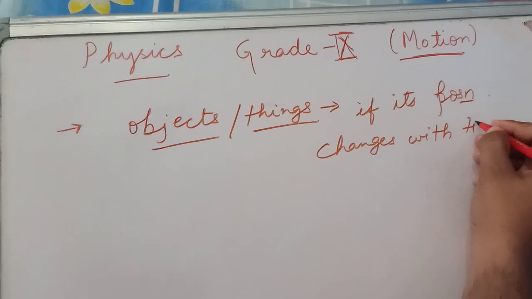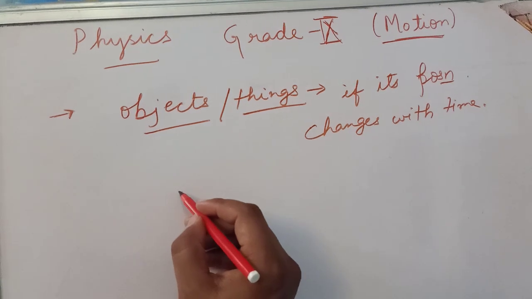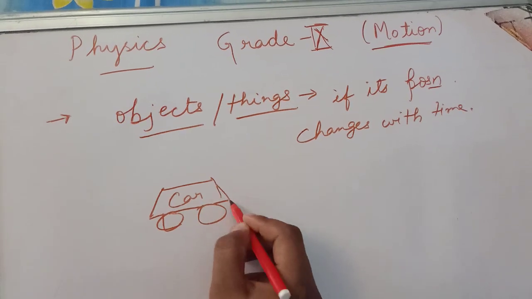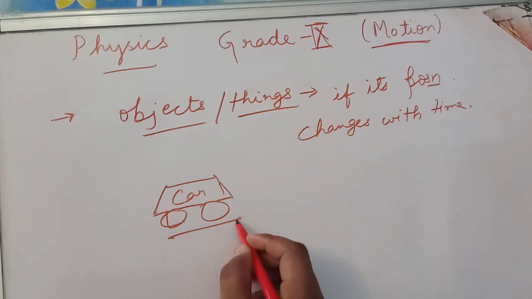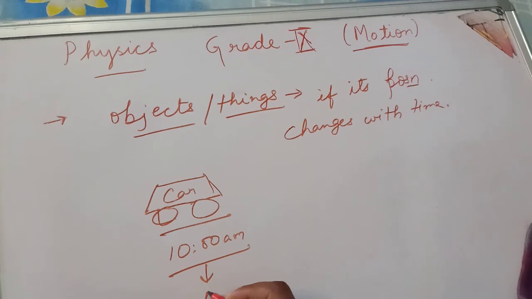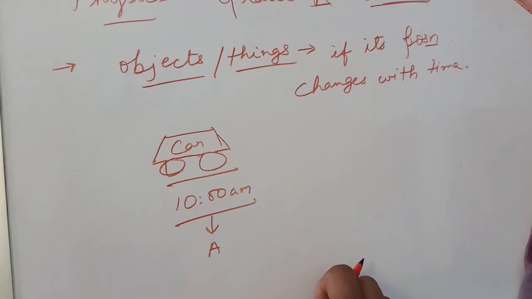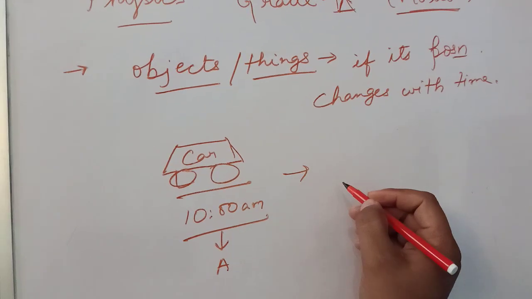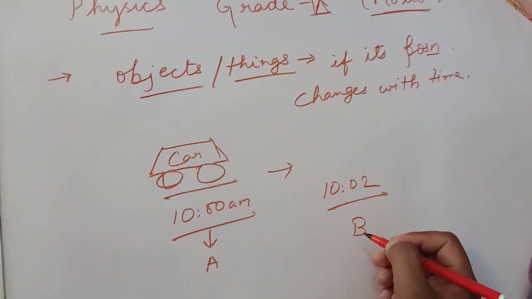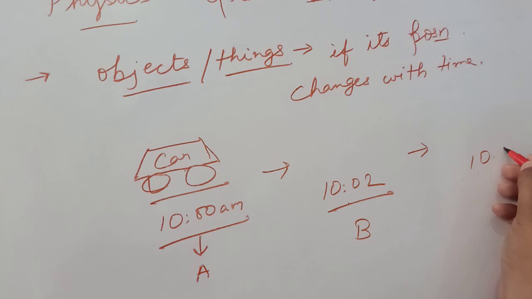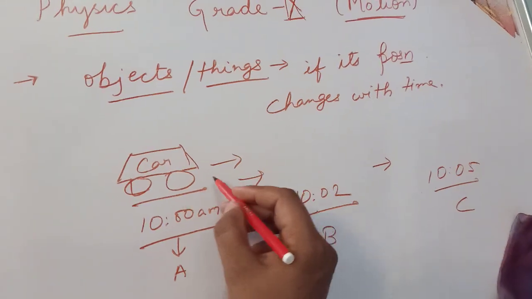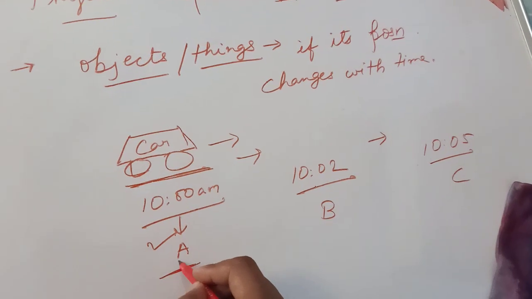Suppose we talk about a car. At an instant of time, say at 10 a.m., the car is standing at point A. After a change of 2 minutes it is at B, and after a change of 5 minutes its position has changed to point C. So the car is not at the same place, it is moving.